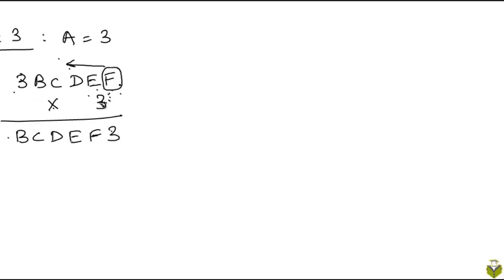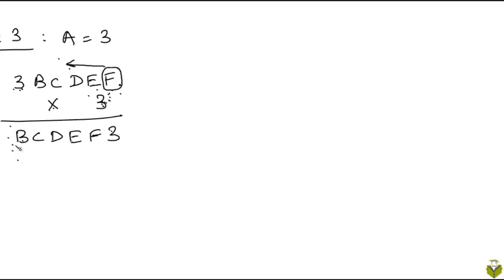This 3 multiplied by this 3 is going to lead to a 9 in the leading digit over here, because if it led to any number that was 10 or more, then we would have an extra digit over here.